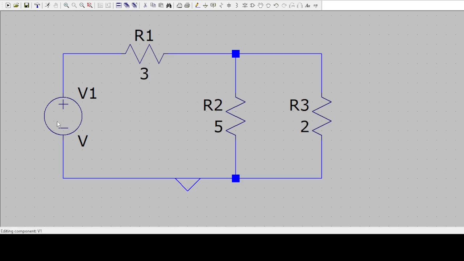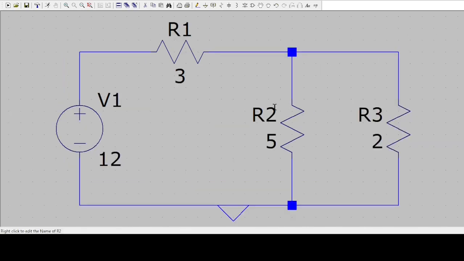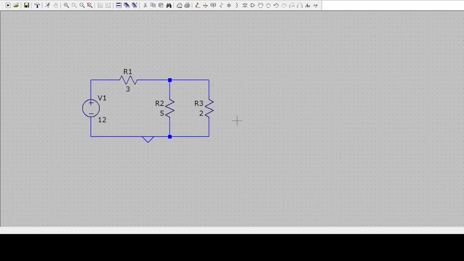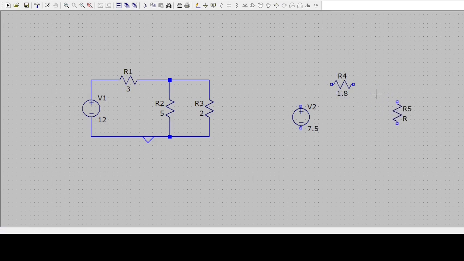Input voltage is 12 volt. So this was the given circuit, and after applying Thevenin's theorem, we got VTH of 7.5 volt and RTH was 1.8 ohm, and the load resistance is the same as R3, which is 2 ohm. R3 and R5 are the load resistances. So this is our Thevenin's equivalent circuit.